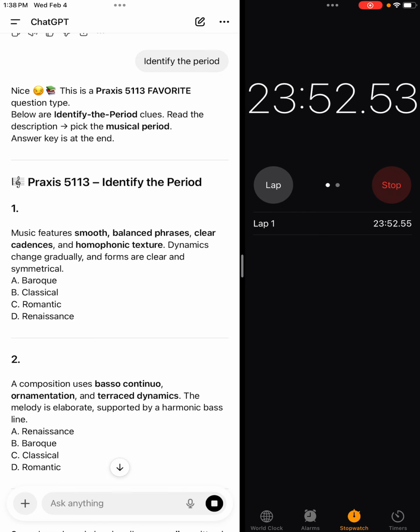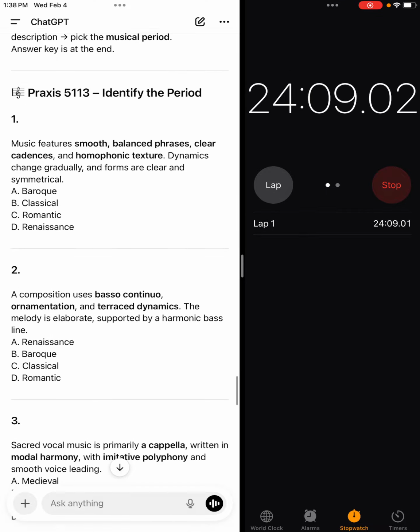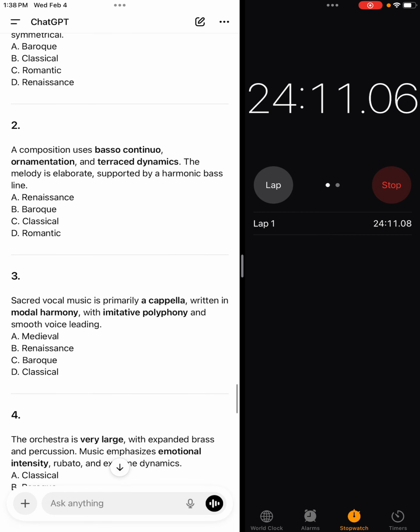Music features a smooth bounce, clear cadence pulse, regular phrases, clear cadence. Romantic. A composition uses basso continuo, ornamentation and terraced dynamics. Baroque.